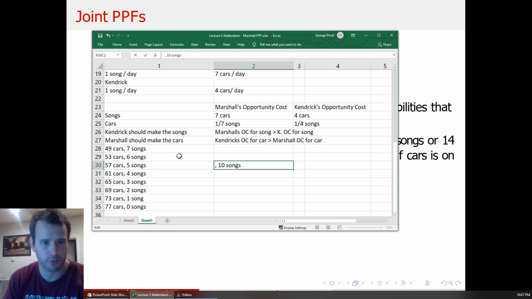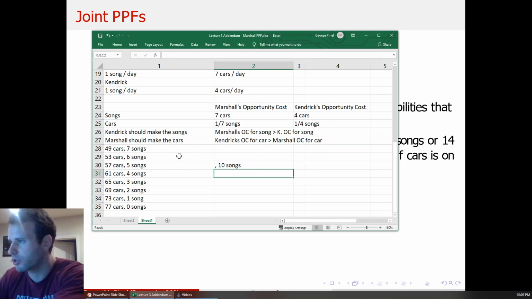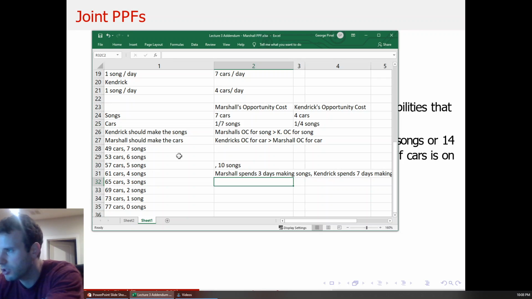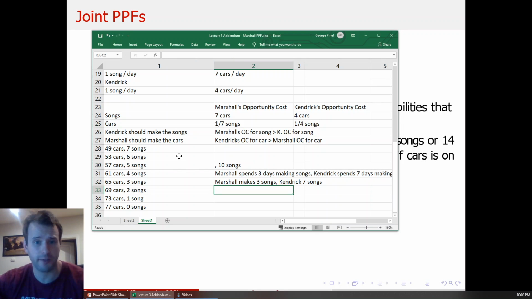So I'm just going to write it out. Marshall spends 3 days making songs. Kendrick spends 7 days making songs, right? So Kendrick's going to make 7 songs. Marshall's going to make 3 songs. How many days does Marshall have left to make cars?